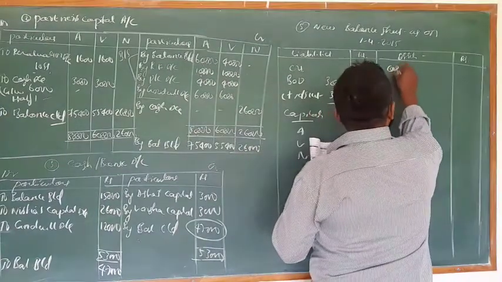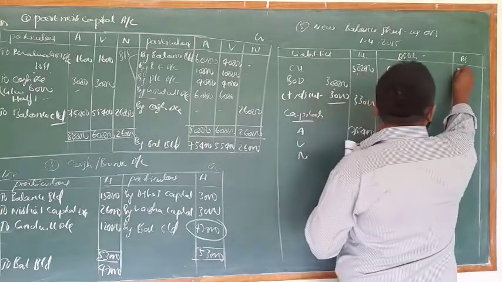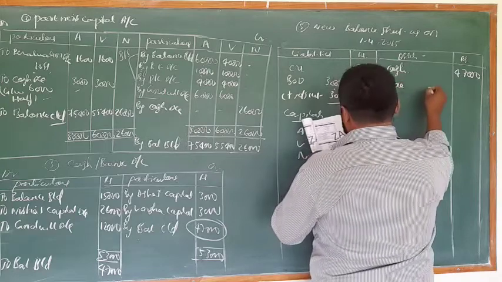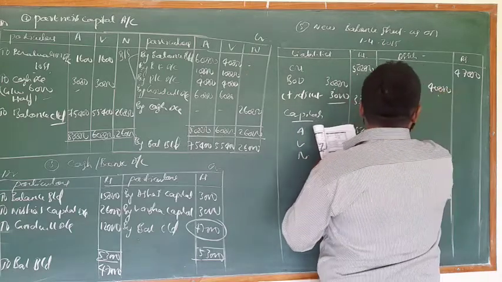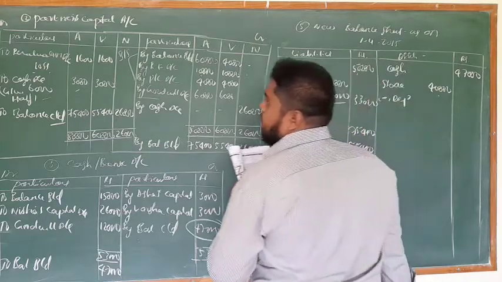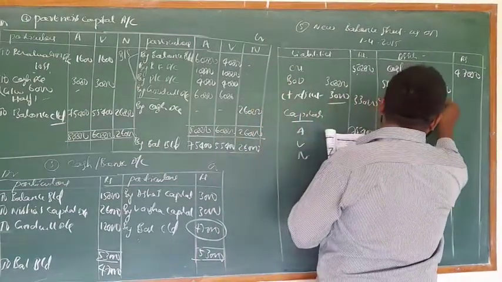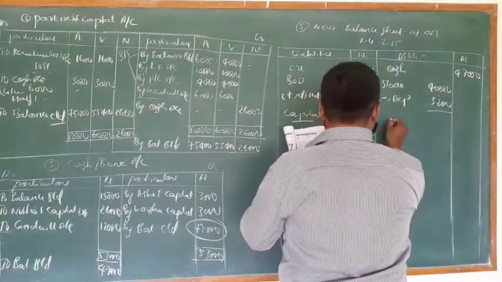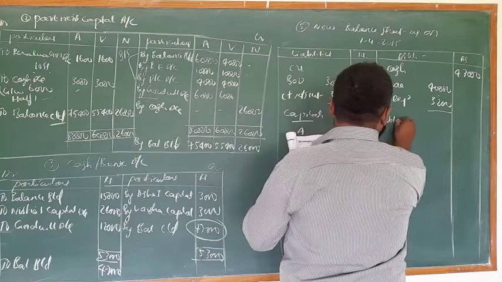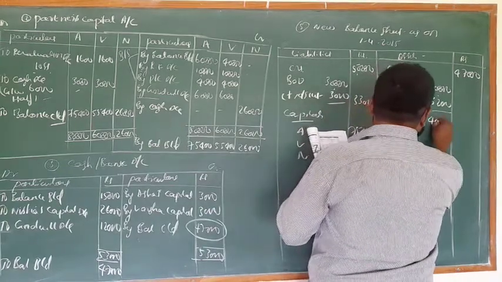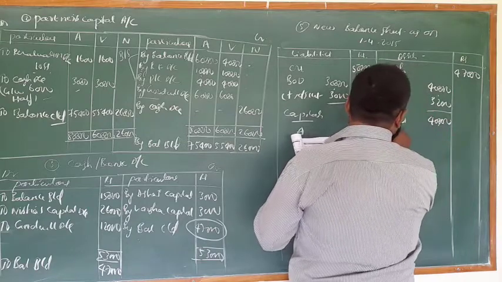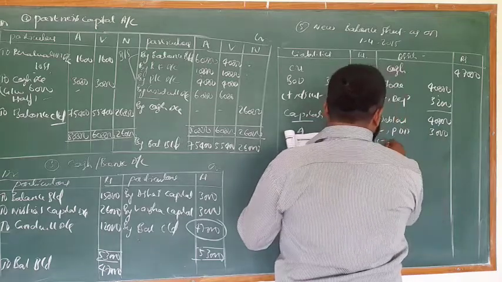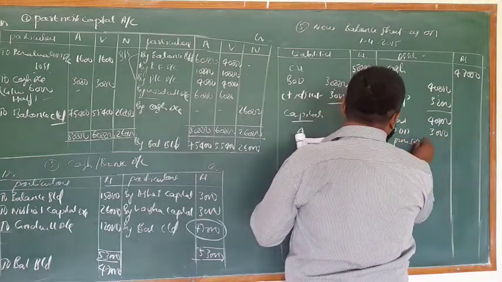So assets: cash balance, the final balance we got in the cash account, 47,000. Stock, you got depreciation, 40,000 less depreciation. So depreciation is 3,200. Next, debtors. Debtors 40,000 less PDD, provision for doubtful debts. So 3,000 minus provision 1,000.